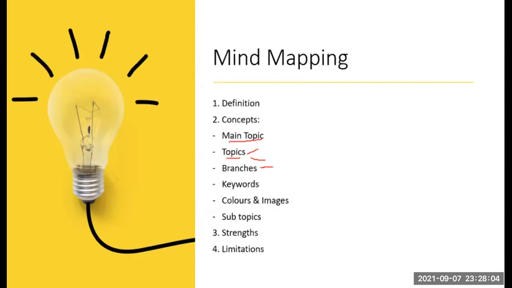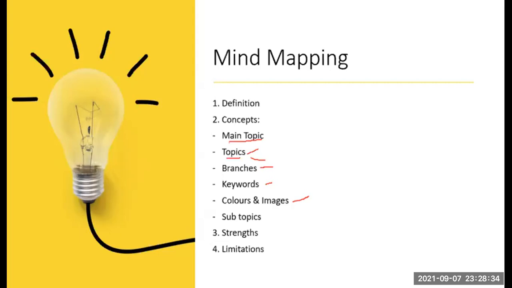And you have keywords as well. Keywords are single words used to articulate the nature of association between topics or subtopics connected by a branch. So how do you connect a topic and a subtopic? You can use keywords. And you can use colors and images to make it more interesting.